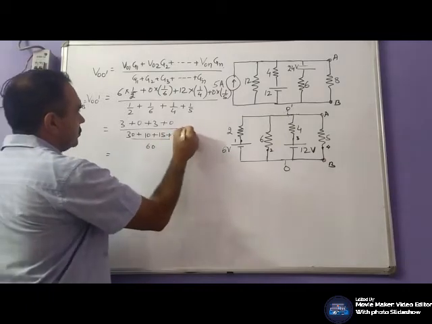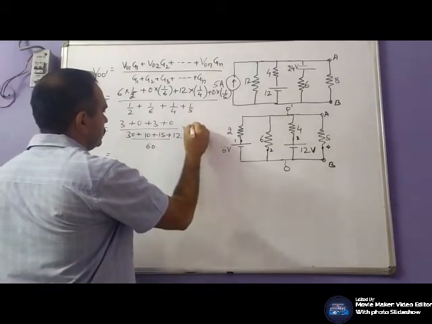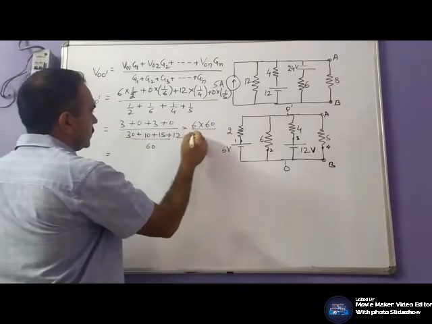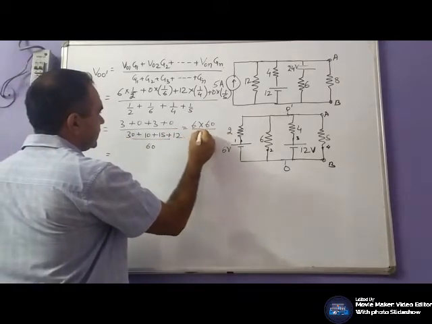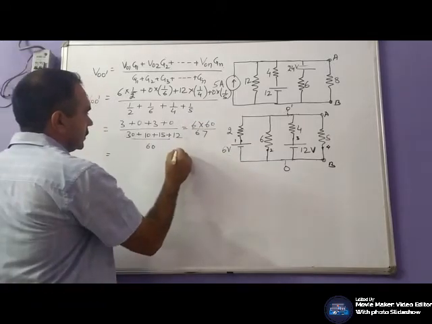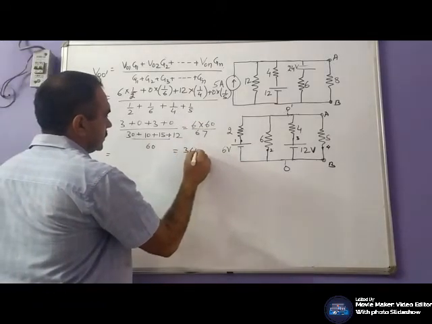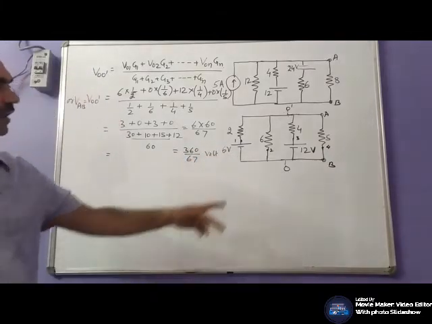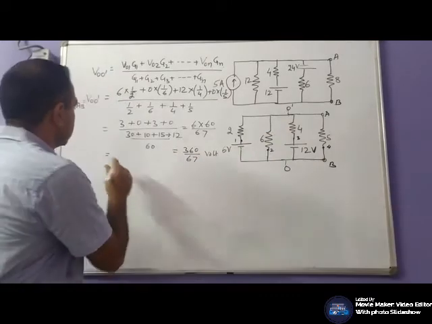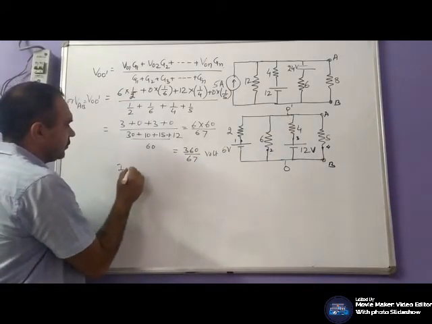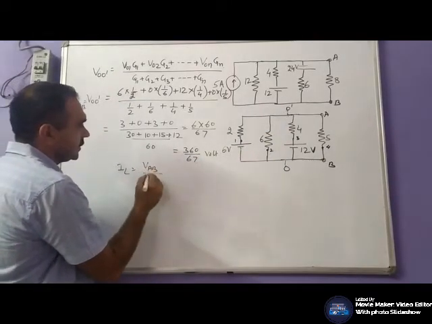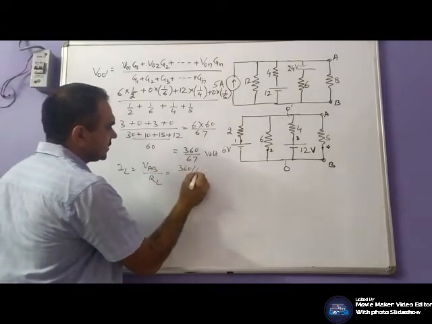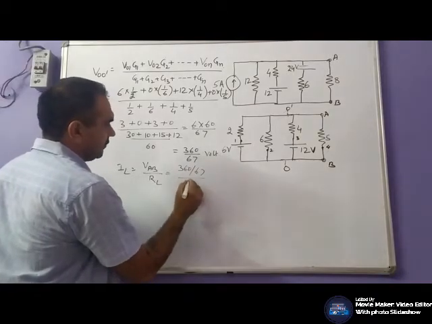So this would be equal to 6 into 60 by 40, or 27.67 volt. If you want to find out the current in this branch, IL would be VAB by RL, 27.67 by 5.